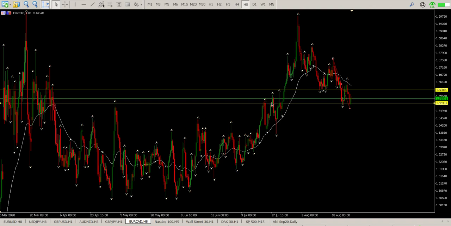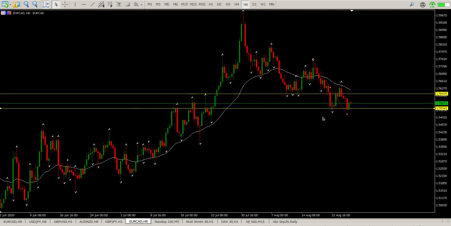You can see here we basically flirted with it again. On the 8 hour we have range bar, pin bar, engulfing bar. First bullish pattern, inside bar, second bullish pattern off a major level. So what we have brewing here is a potential double bottom. There's the apex of the double bottom.